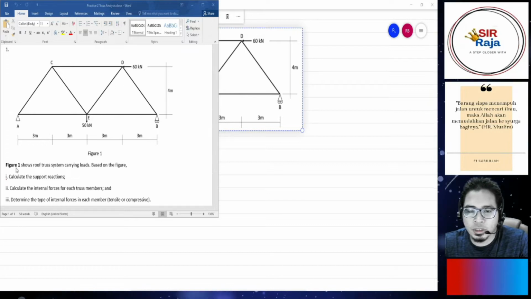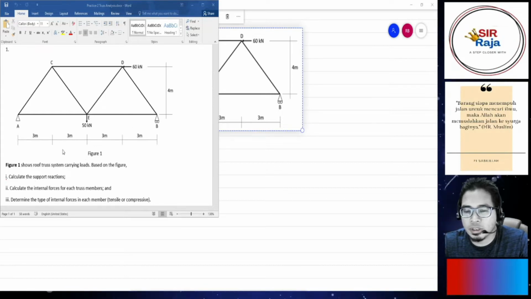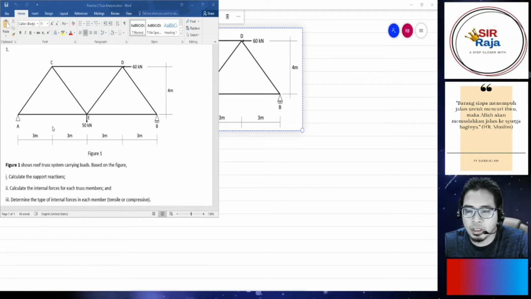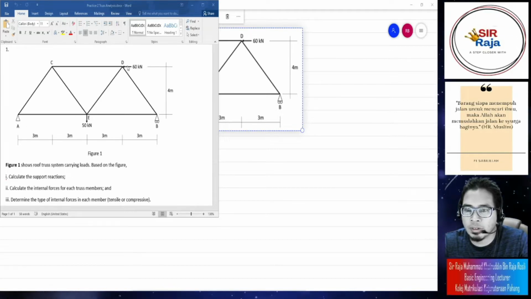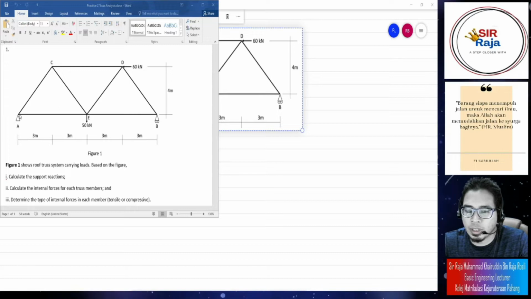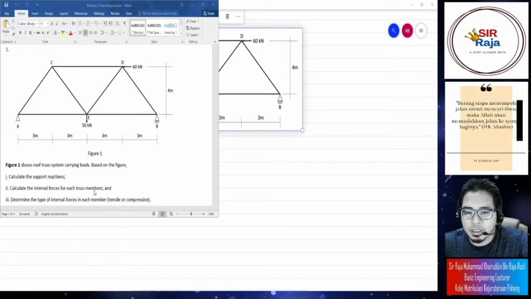This question says, figure 1 shows a roof truss system carrying loads. Based on the figure, calculate the support reaction. Of course, as usual, the first step is to calculate the support reactions RAY and RBY, and here we have a horizontal load of 60 kN, meaning that at A we are going to have an RAX value. Number 2, calculate the internal forces for each truss member.